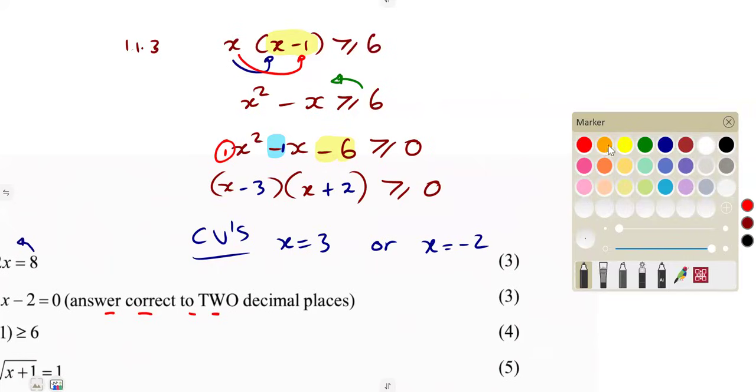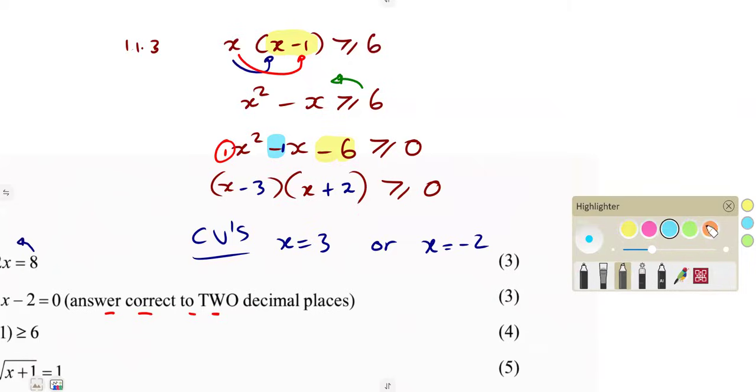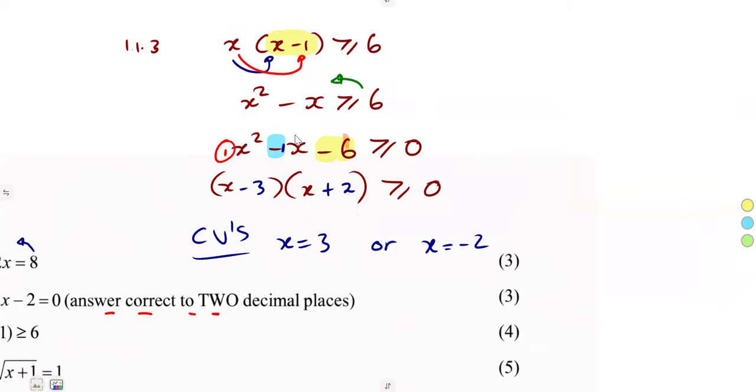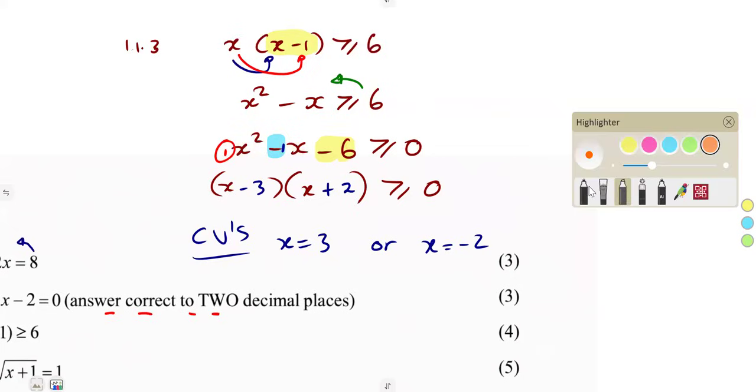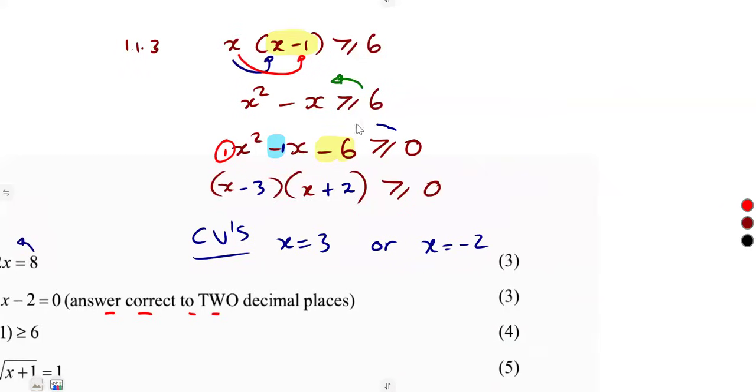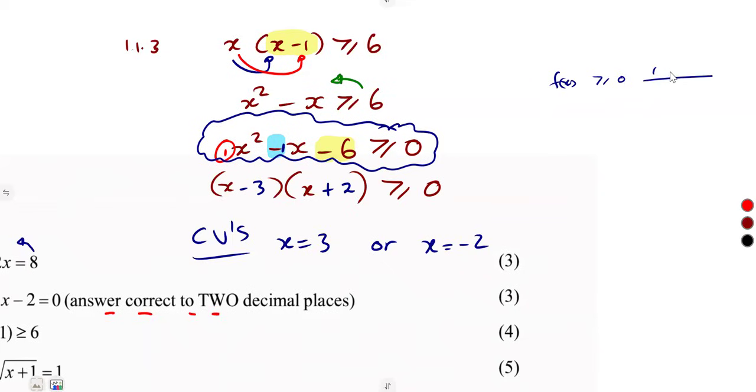We can simply go back to the stage where we are given x squared minus x minus 6 is greater than 0. It tells us that when the function is greater than or equal to 0, we are referring to a condition that is above the x-axis.